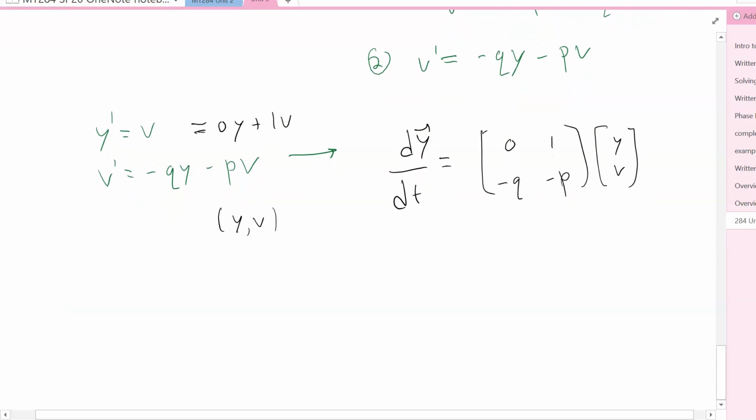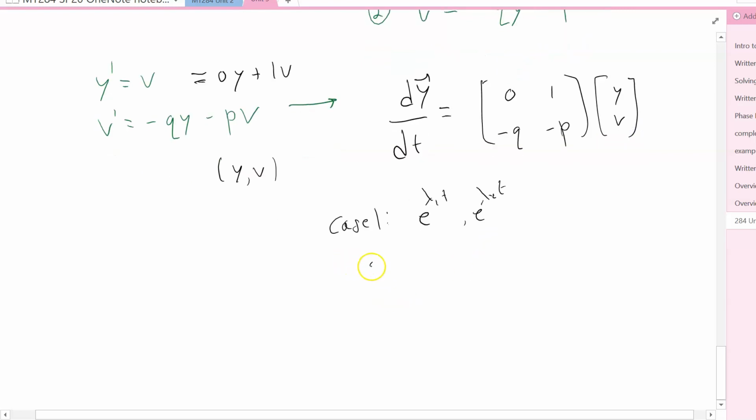All right, now where this is going to pay dividends from our previous work on linear systems is we know how to solve this linear system. And we know what the general solution is going to involve. It's going to involve one of a few possibilities. Either we're in case 1, and we're going to have e to the lambda 1 t and e to the lambda 2 t is what our components are going to involve.